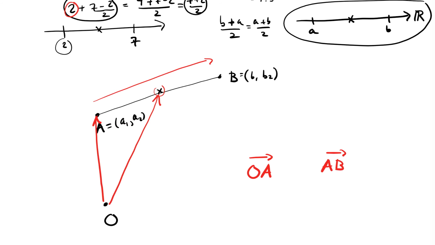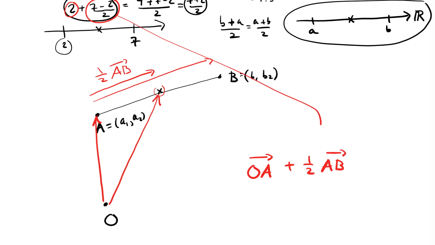Now AB, I want to actually not go all the way from A to B. I want to do half of that. Half of AB. And then I'm going to add it. So this is the part that matches this in with vectors. That matches this part here. And the 2 matches this part here.